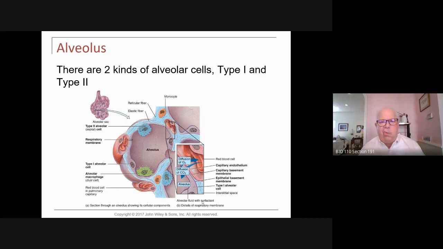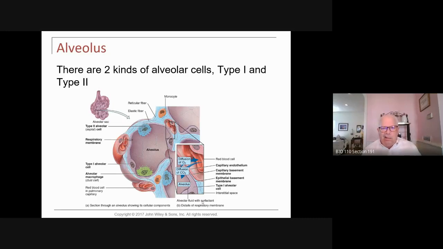It is destroyed by pollution. The number one pollution in the world happens to be cigarette smoke. So cigarette smoke destroys type 2 cells, which produce surfactant.